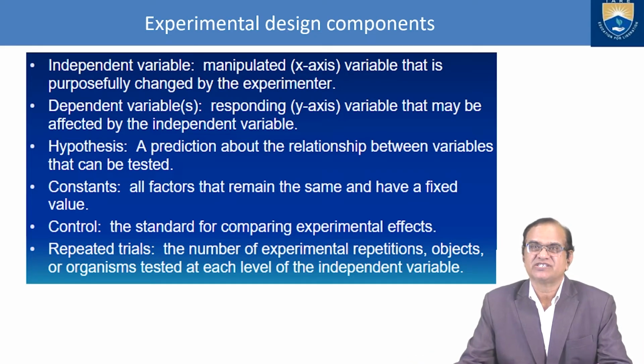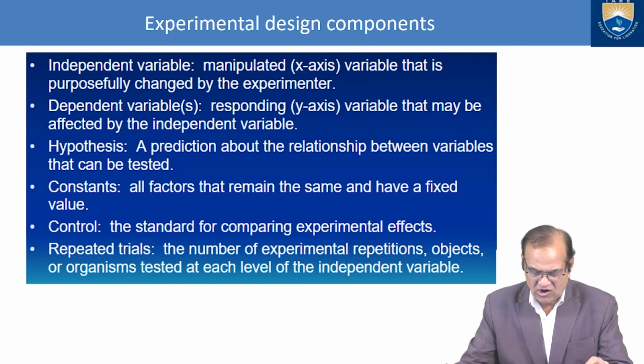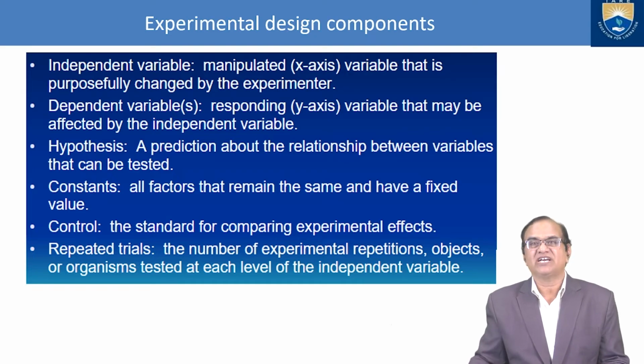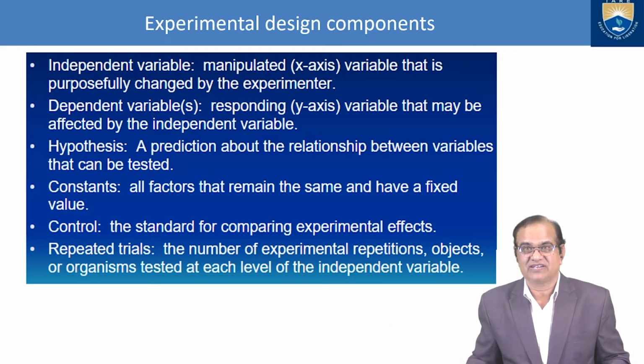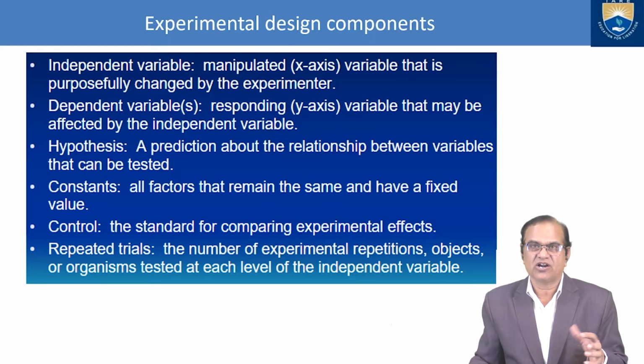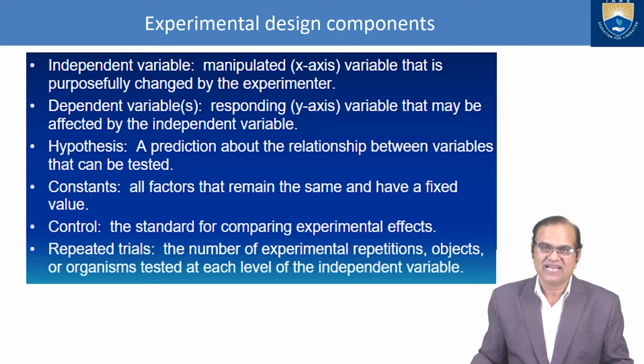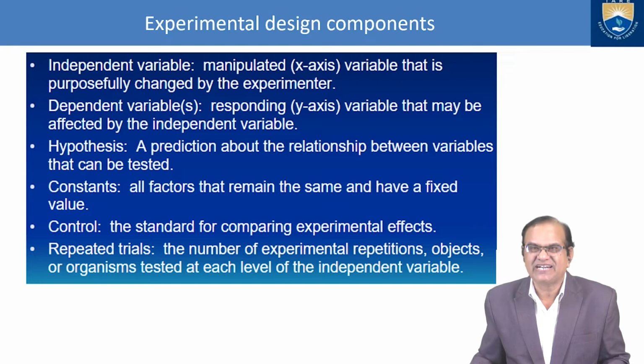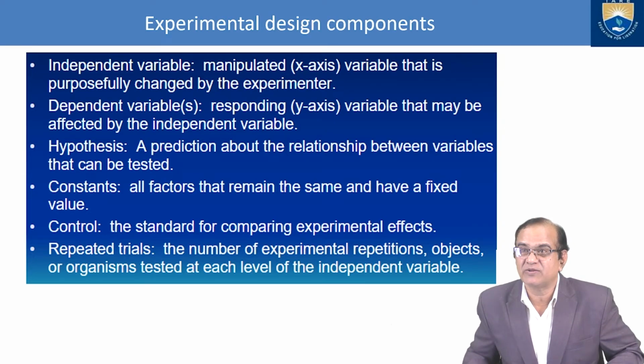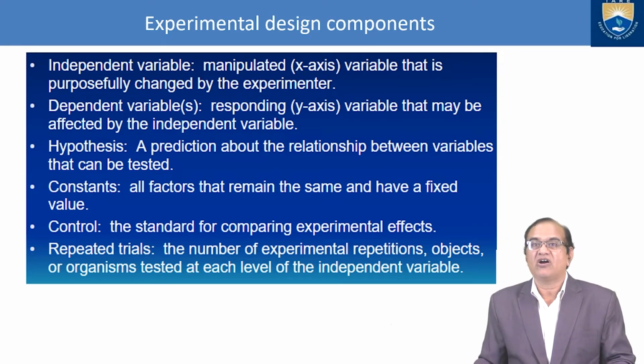Next is the constants. All factors that remain the same and have a fixed value are called constants. What is the control? The standard for comparing the experimental effect. So this is the control on our experimental technique. Then repeated trials: the number of experiment repetitions, objects or organisms tested at each level of the independent variable.